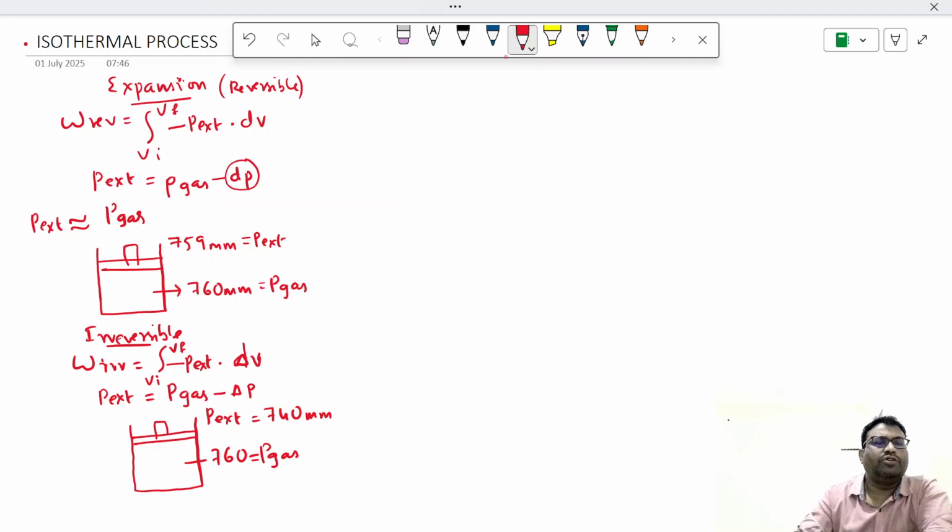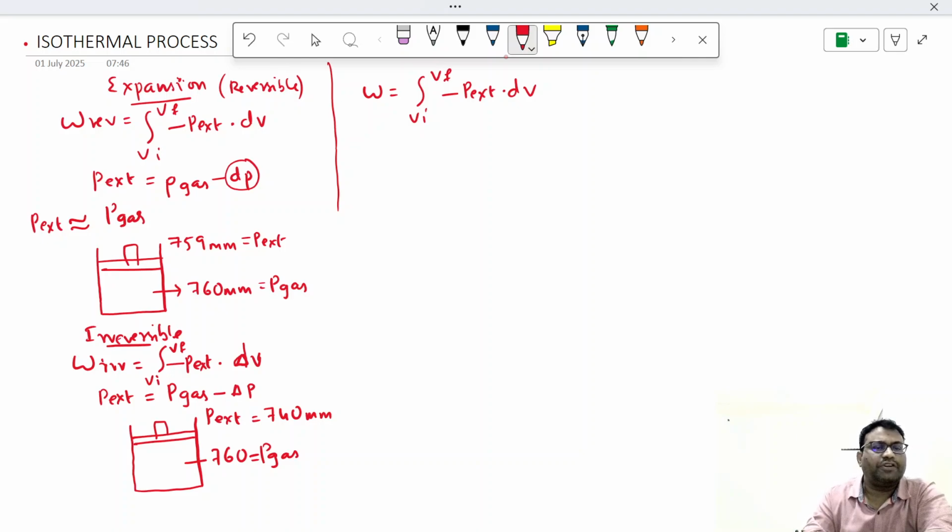So now you know work done is, okay, V initial to V final. The formula to calculate work done is equal to minus P external into dV. So it depends upon P external. This minus represents that it is expansion. Now you say whose external pressure is more?